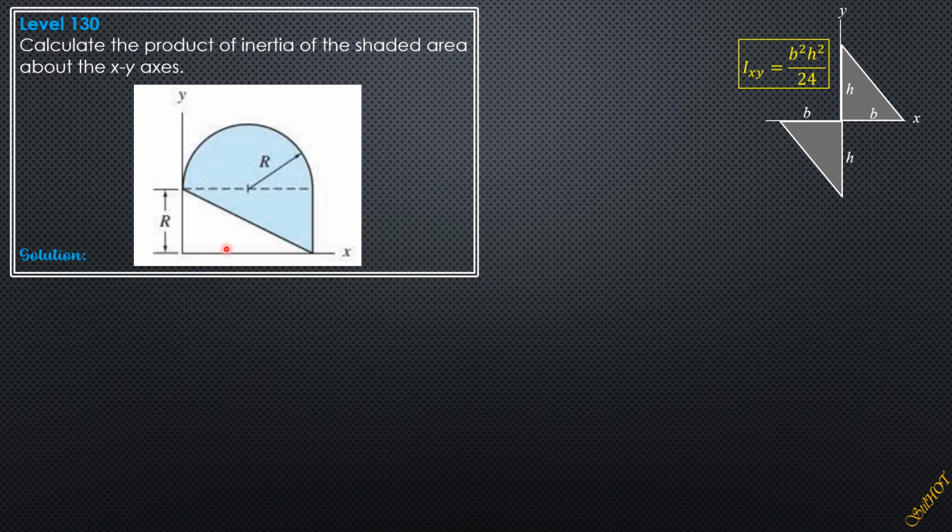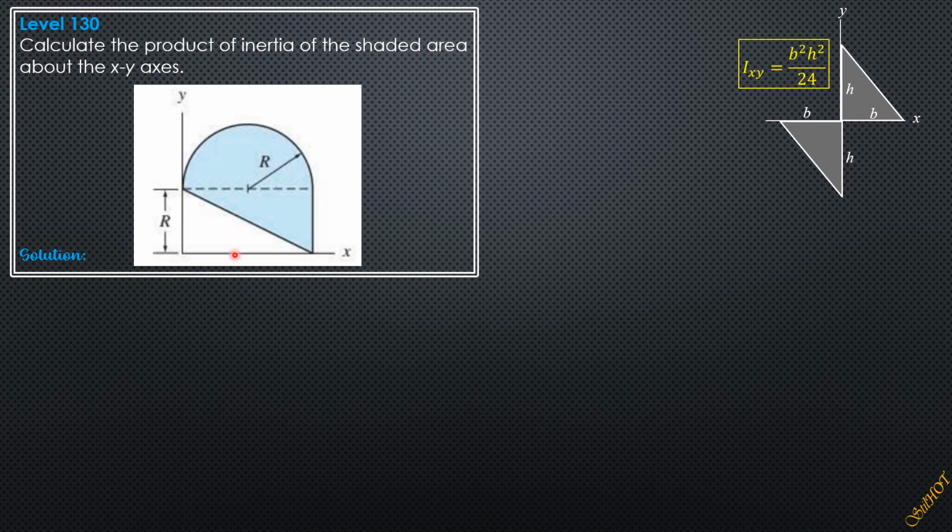So it is the product of inertia of the semicircle plus the product of inertia of the rectangle with respect to the xy axis, then minus the product of inertia of this triangle.